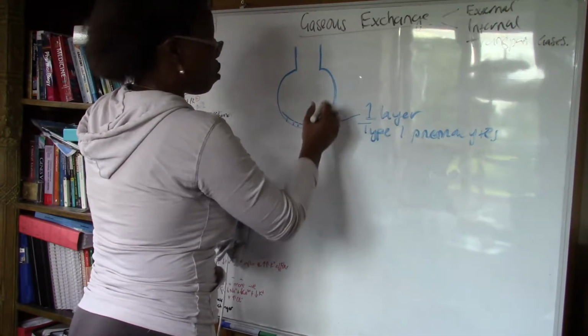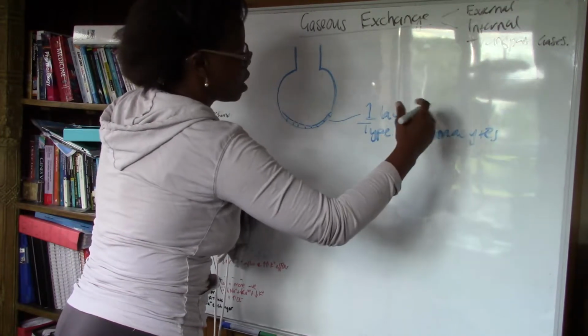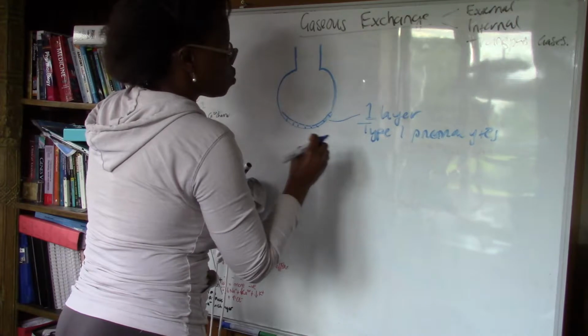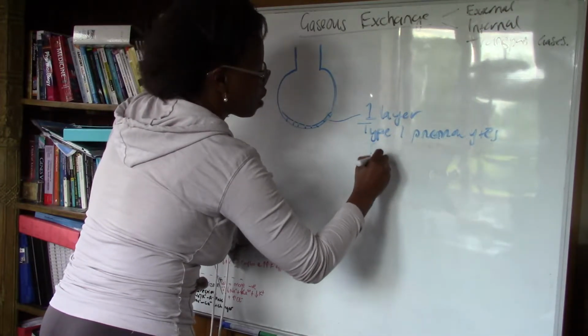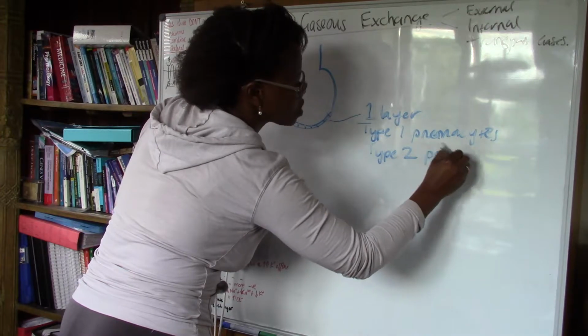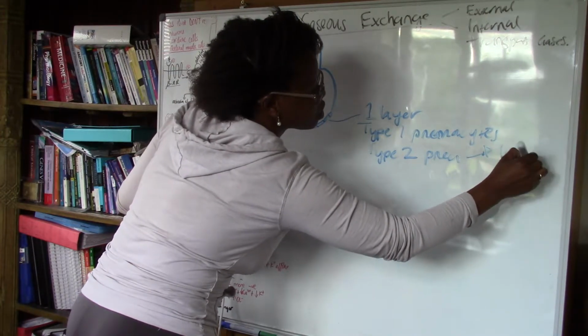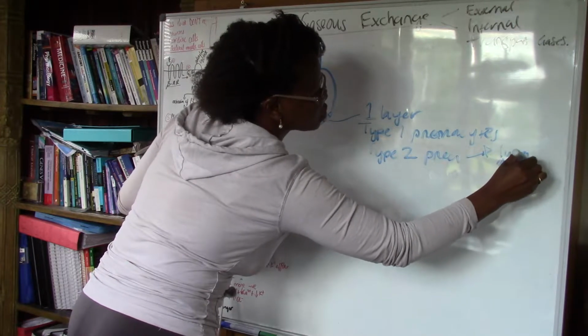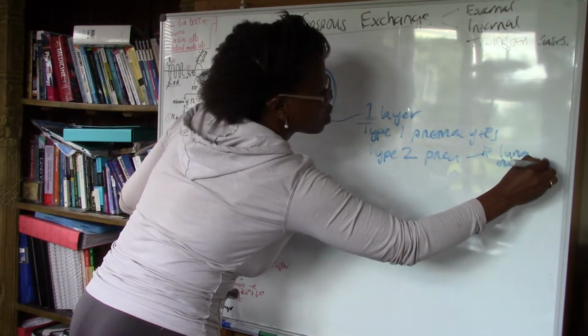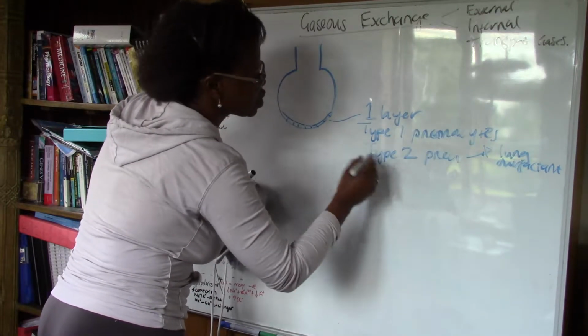Type 1 pneumocytes are just the epithelial cells. It also has type 2, and while I'm talking about these pneumocytes, I might as well mention that type 2 pneumocytes secrete lung surfactant. Type 2 are also progenitors for type 1.